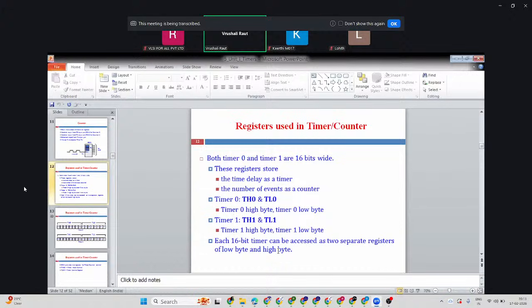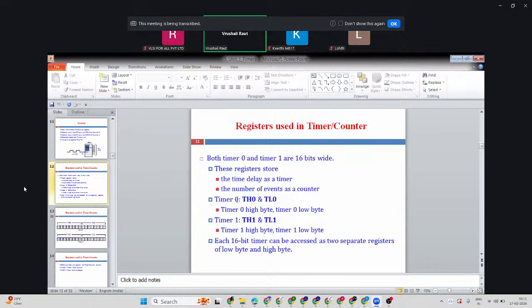Each 16-bit timer can be accessed as two separate registers, low byte and high byte. Separately you can access them. So as we go for programming or understanding how to put values in the timer and counter, first we have to understand that we have two registers: timer 0 register and timer 1 register.